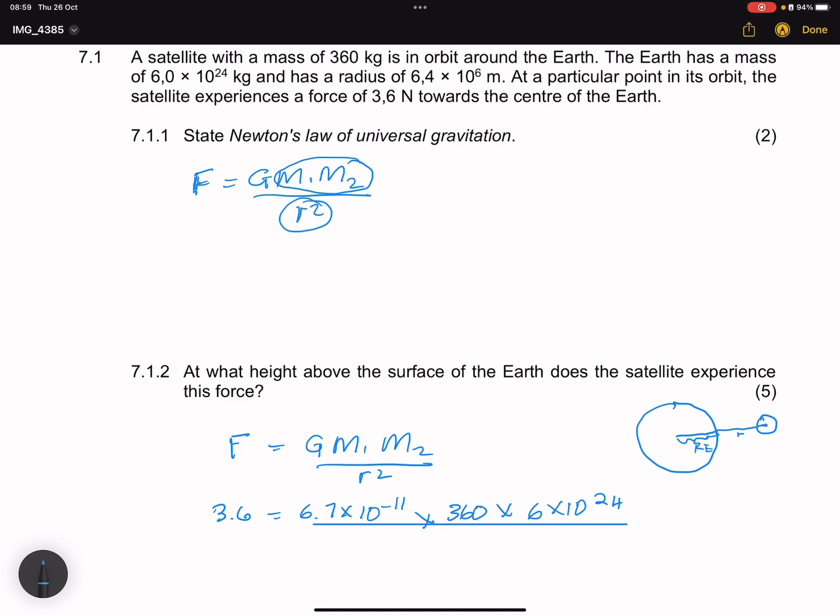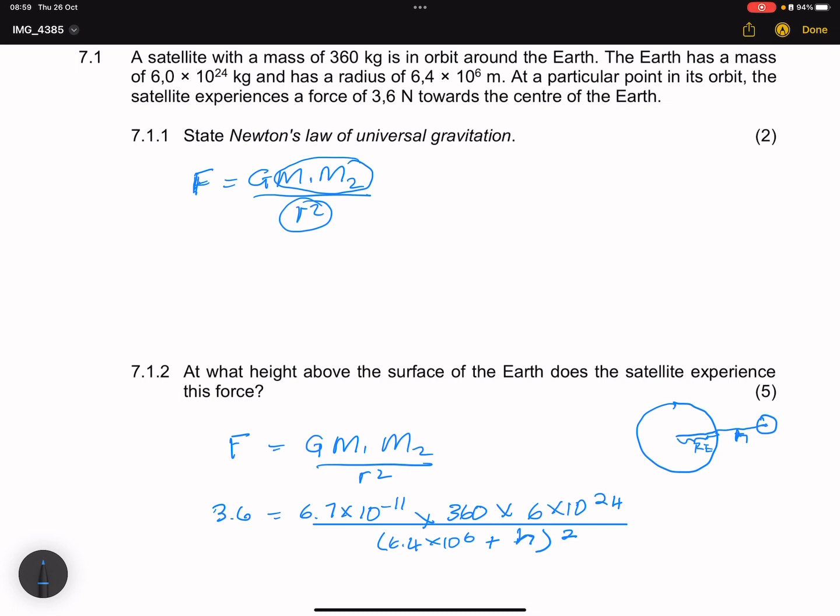So the distance would be RE, 6.4 times 10 to the exponent 6 in meters, plus the distance we are looking for. They want to know the height above the surface of the Earth, so let's use h instead of r, as the height above the Earth. Remember, this is squared.